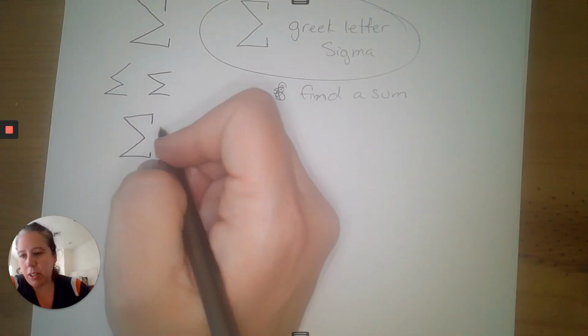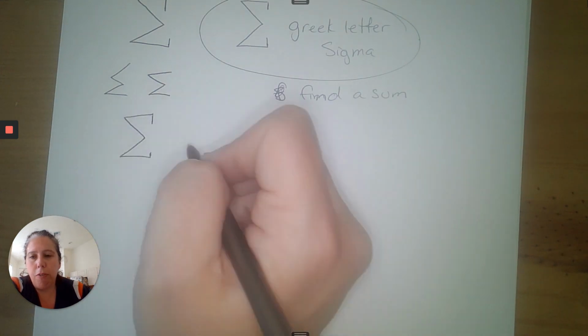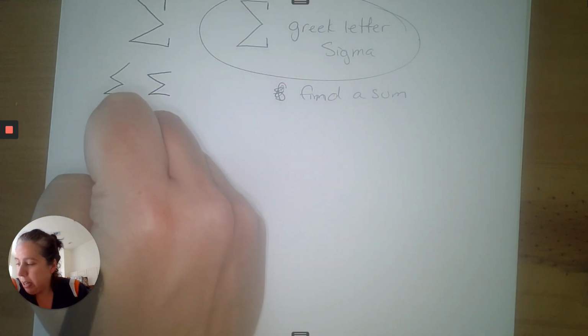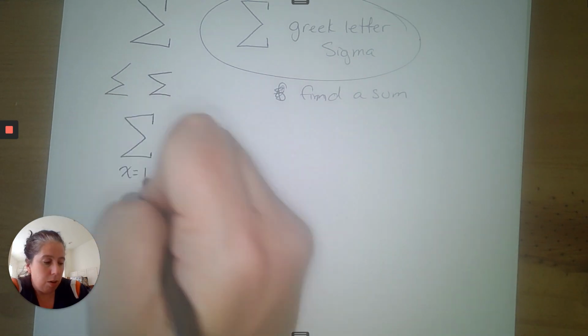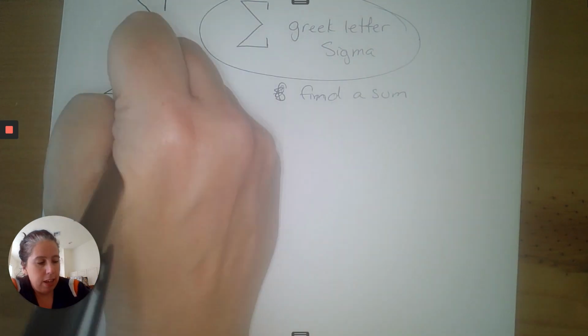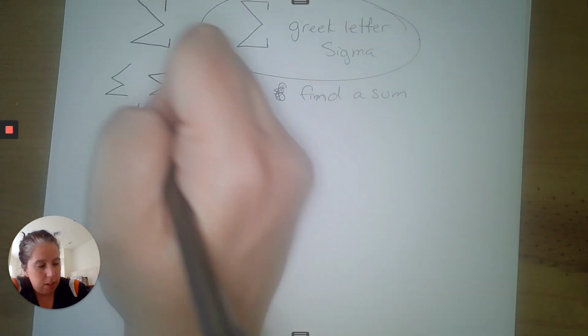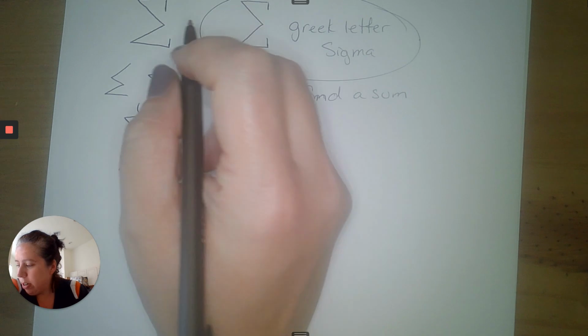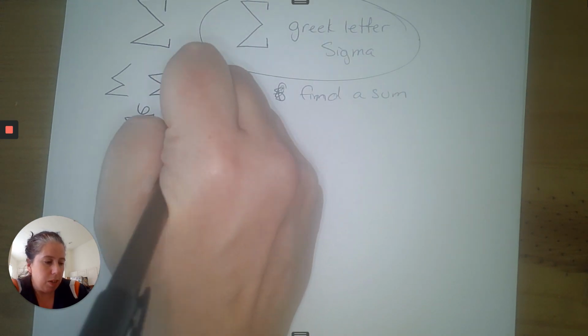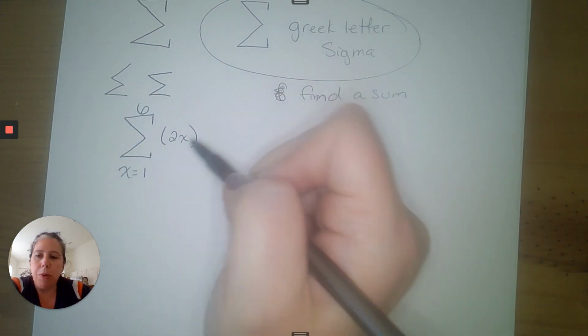So here's what's going to happen. In your sigma, you're going to have a bunch of stuff on it. You're definitely going to have something on the bottom. It's going to be a variable equals a number. At the top, there's going to be another number. And then off to the right, usually in parentheses, sometimes not, there's going to be a formula.